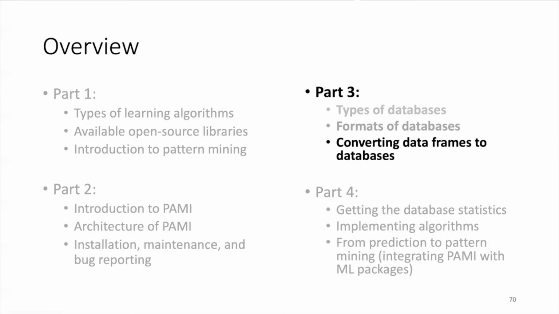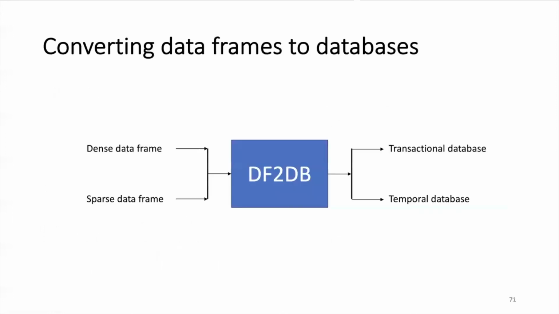Next one is converting data frames to databases. If you want to convert a data frame to a database, we have to understand that there are two types of data frames. One is a dense data frame. The other one is a sparse data frame. Both can be provided as input to our library, and you can expect our library to convert the data frames into a transactional database and then a temporal database.